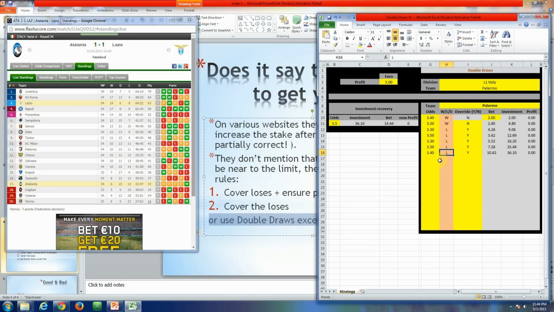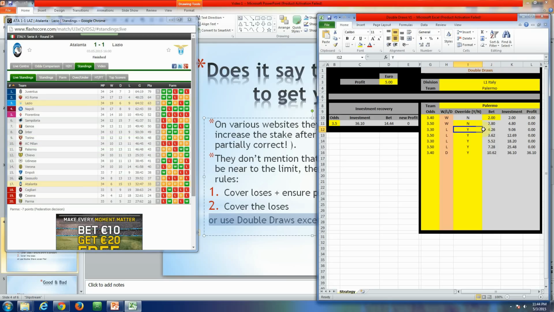Okay, but we assume this is a draw, so we have 0 profit, we have the investment back, and hopefully you would have money from other teams, because you see that Palermo manages actually to bring money on the 4th game.